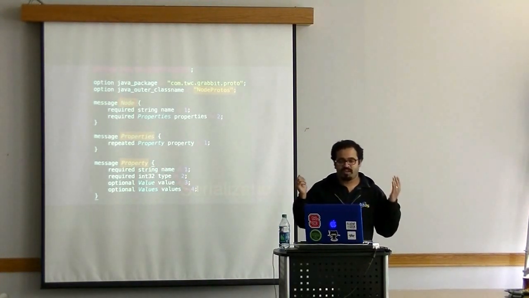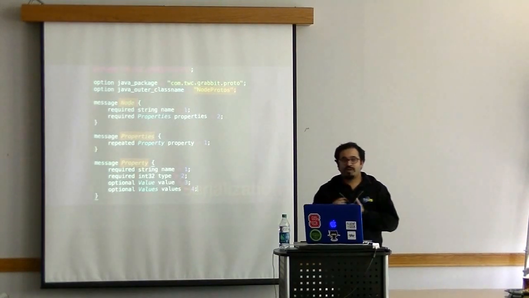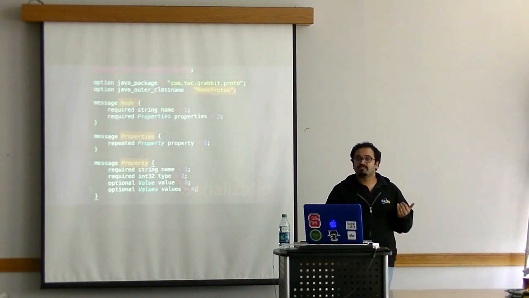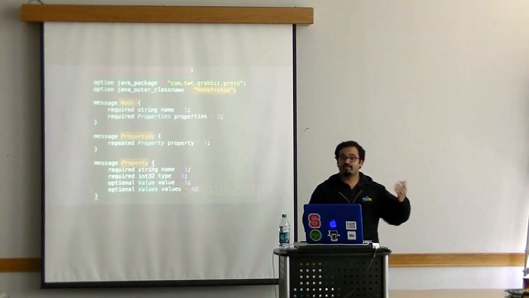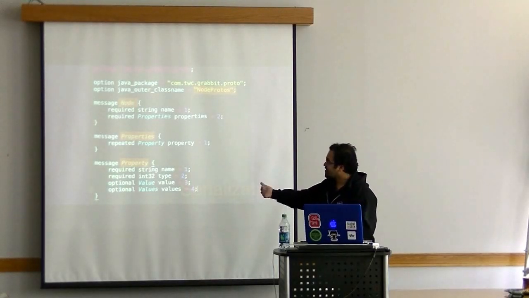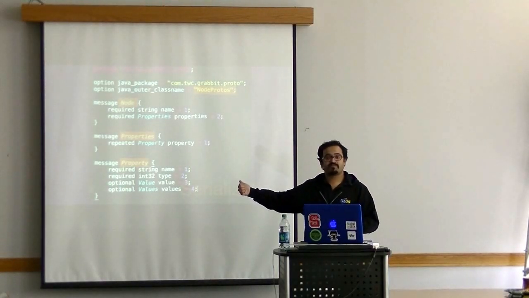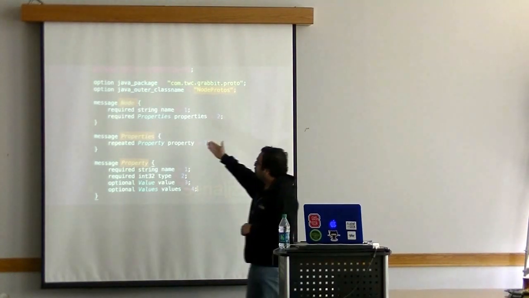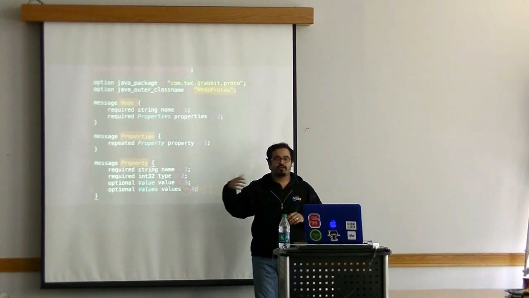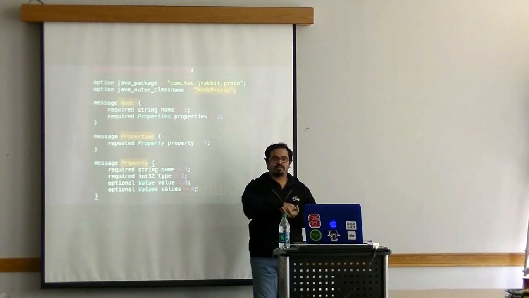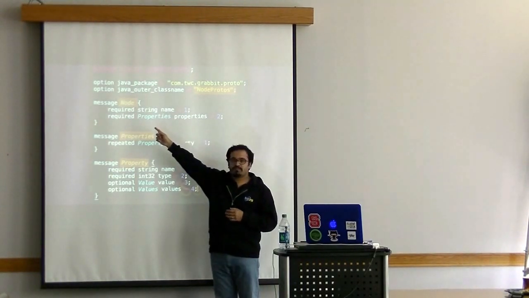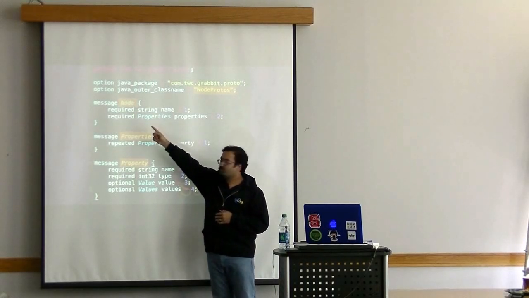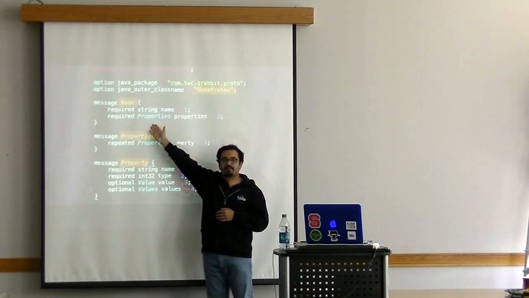So in protocol buffers, you have something called a proto message, very similar to your XML messages. And this is basically analogous to your schema, or the thing that defines what the data is going to look like. So when we send data from server to client, we are going to have a bunch of nodes, and those nodes will have names, and they will have properties, right?